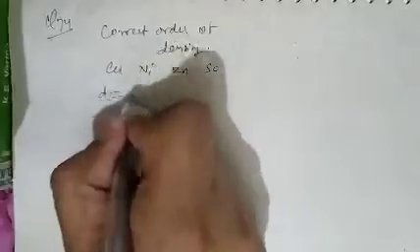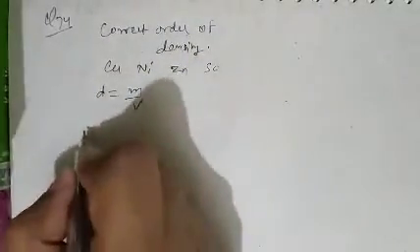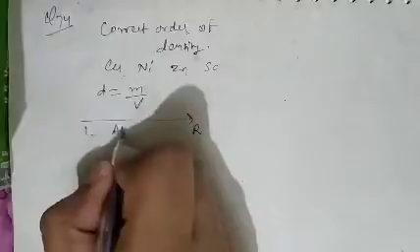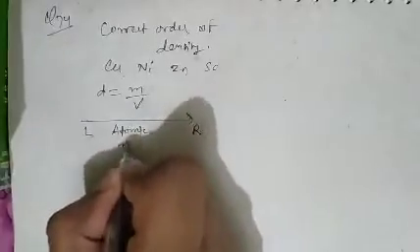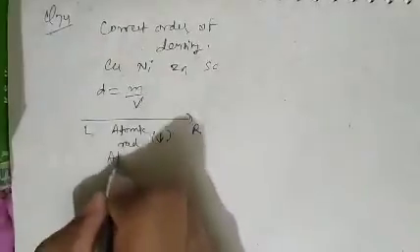As we know, density is equal to mass by volume. As we move from left to right, atomic radius decreases while atomic mass increases.